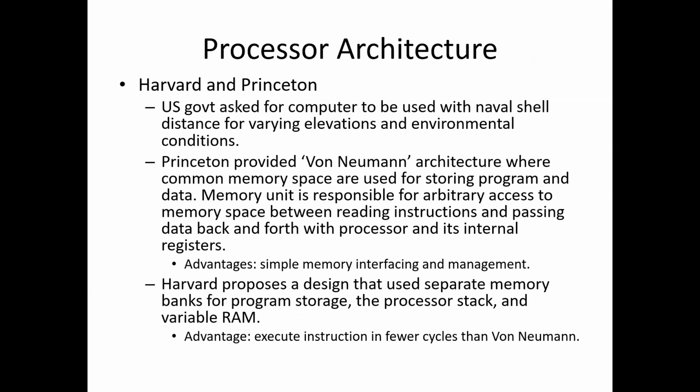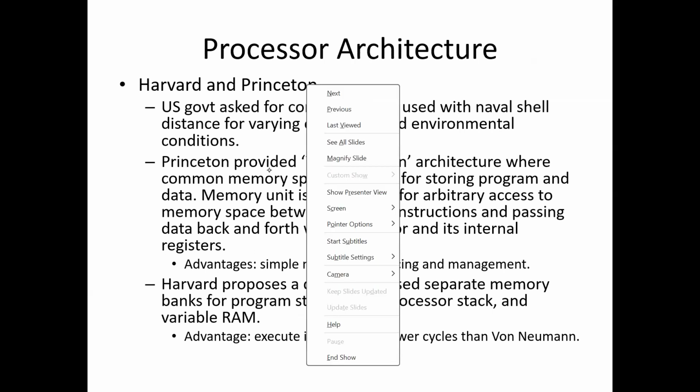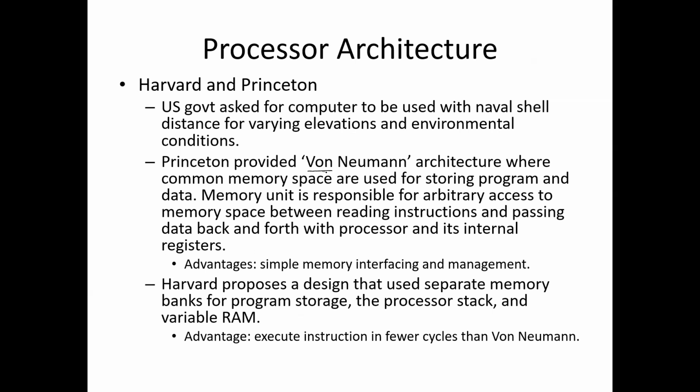There are two types of processor architecture available in the microcontroller industry. One is called von Neumann architecture, and the other is called Harvard architecture. In the von Neumann architecture, all types of memories must be shared in one common memory space.